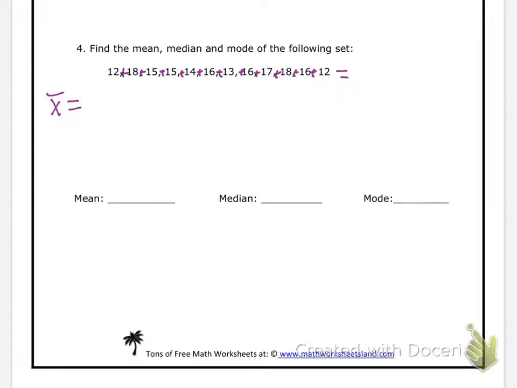And it looks like when I added all of those up, I got 182. And remember, we're going to divide by the total number of terms there are. So 1, 2, 3, 4, 5, 6, 7, 8, 9, 10, 11, 12. So divide that by 12. Then you get 182 divided by 12, 15.17.